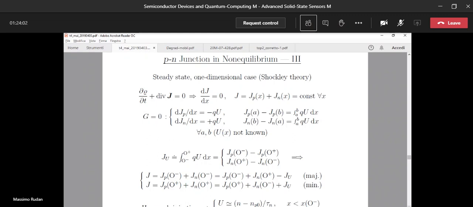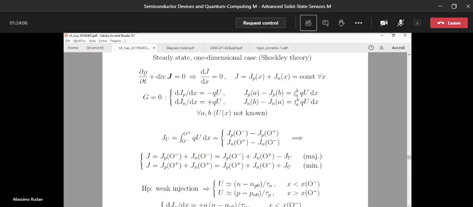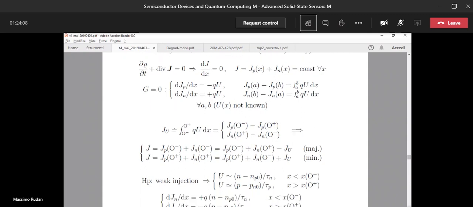So we obtain, if you look at the middle of the page, that the integral becomes the integral between O minus and O plus of Q times U, okay? Obviously, this integral is a current density, okay, by construction.